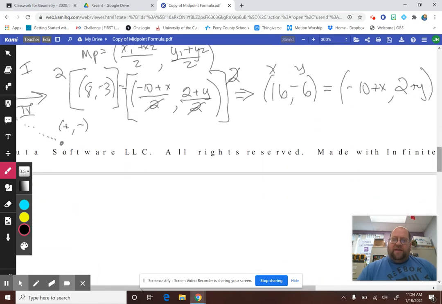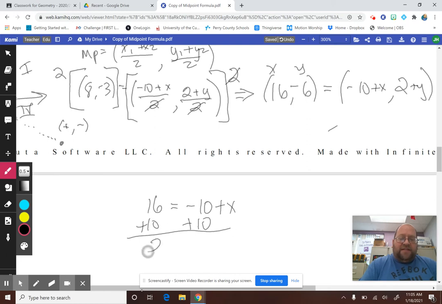Okay, so I added another page, and here's what I want you to see we can do. We could take our X coordinate, which is 16, and set that equal to what needs to happen over here with this X coordinate, which is -10 plus X. Again, we can solve this just like a normal equation. I'm going to have to add 10 to both sides. When I add 10 to both sides, I get an X coordinate of 26. Let's do the same thing for the Y coordinate.